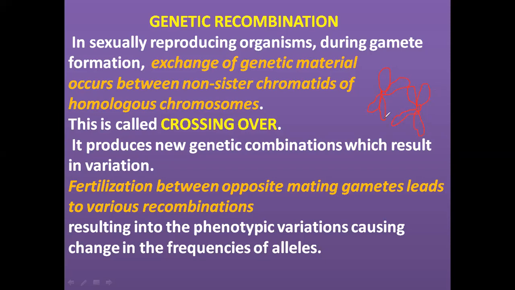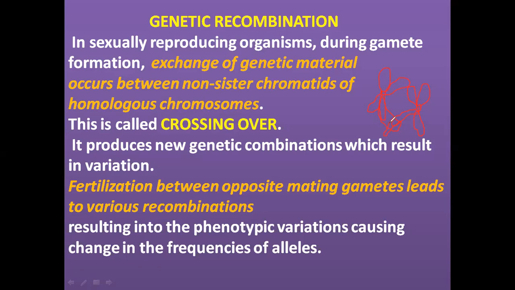So when there is exchange in the segment of DNA, suppose this non-sister chromatid overlaps with this non-sister chromatid. These two are non-sister chromatids. This is called crossing over. They overlap upon each other. It is seen in the pachytene stage of prophase 1 of meiosis 1.